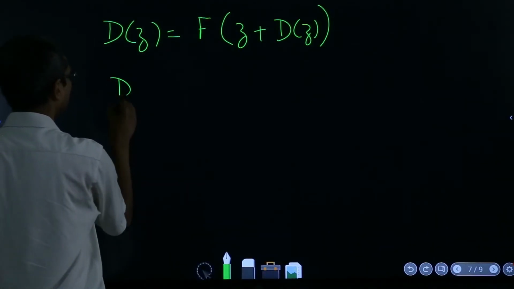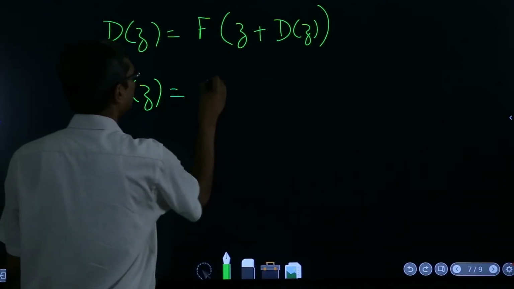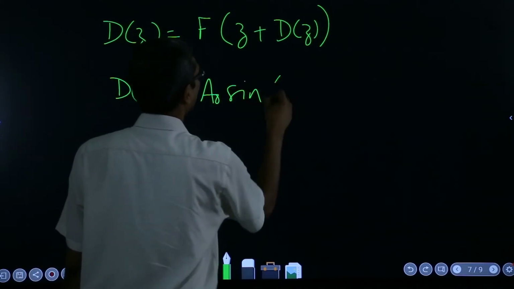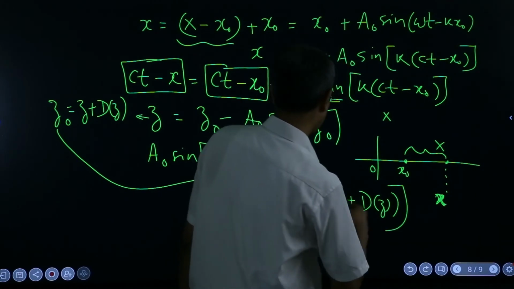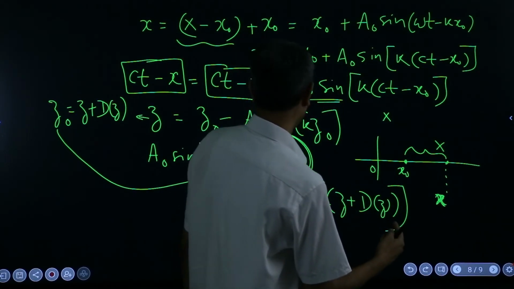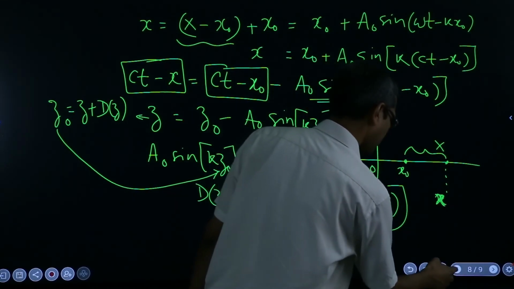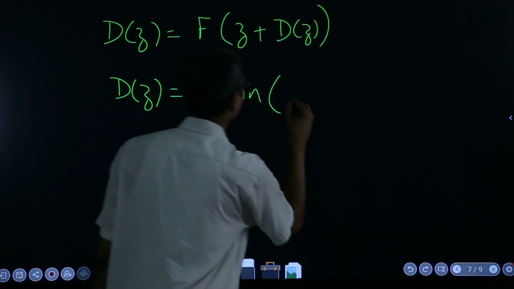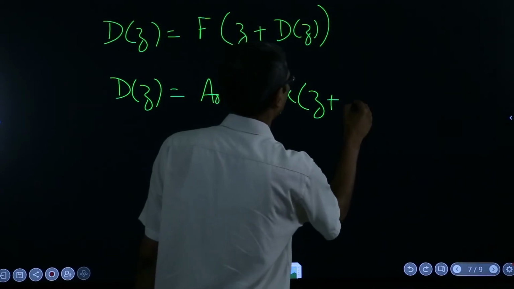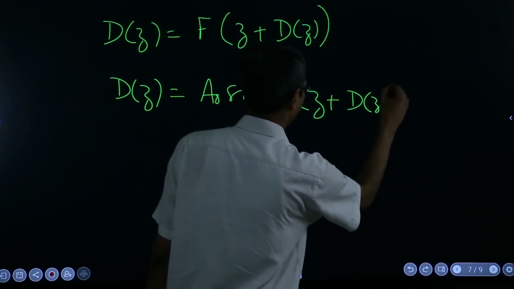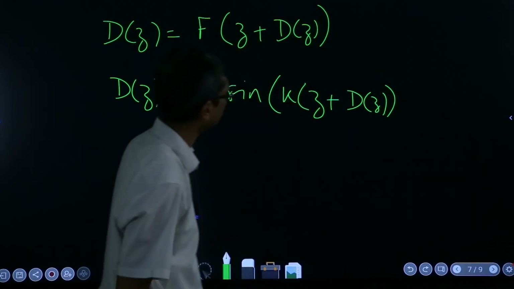In the previous case, I had written dz equal to a naught sine of what was there? k z plus k z plus dz. Okay.